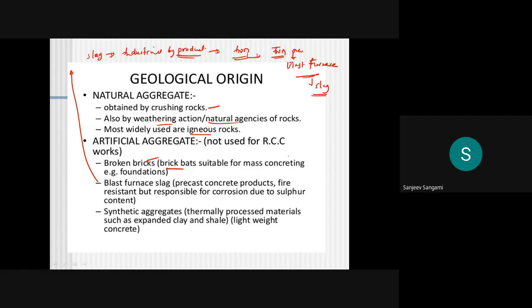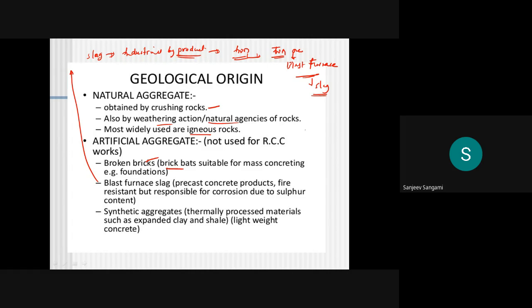That can be used as aggregates. Of course, the size will vary roughly from 10 to 30. Sometimes this can be made into fine aggregates, and then it can be used as fine aggregates also.